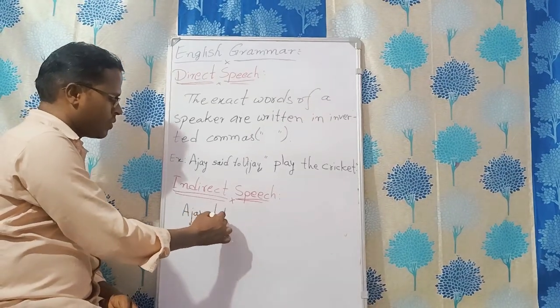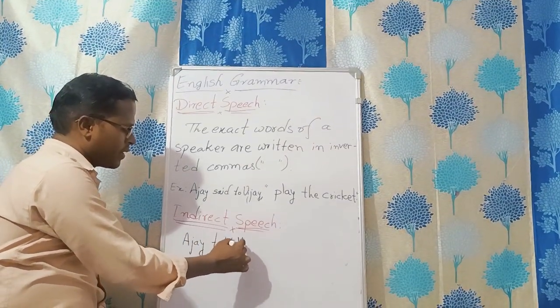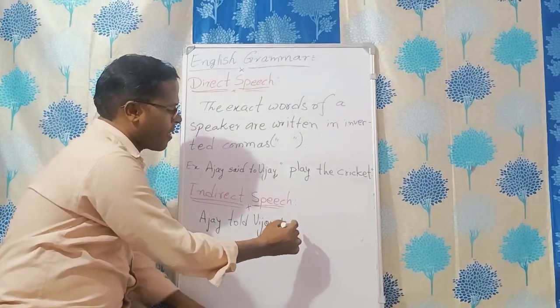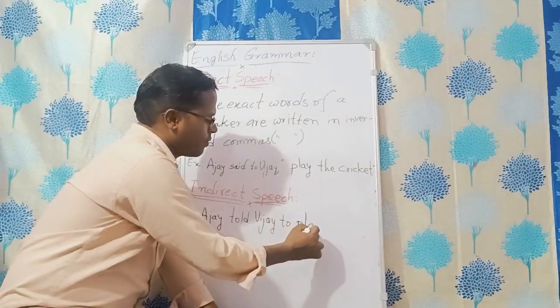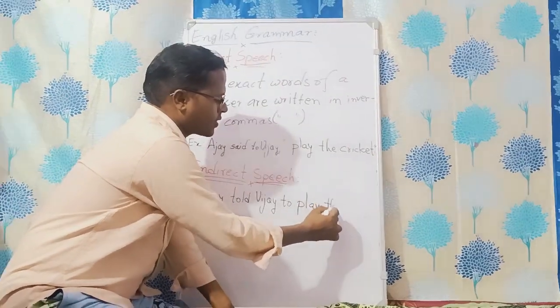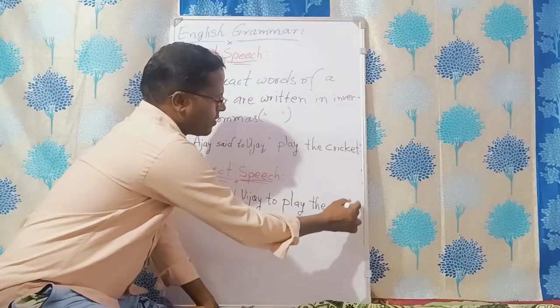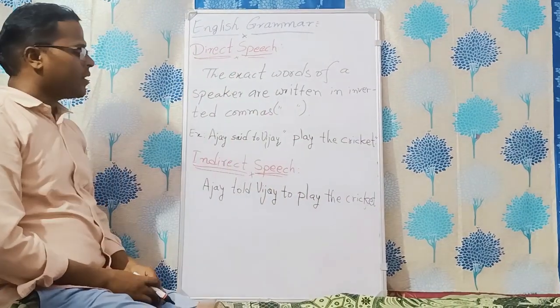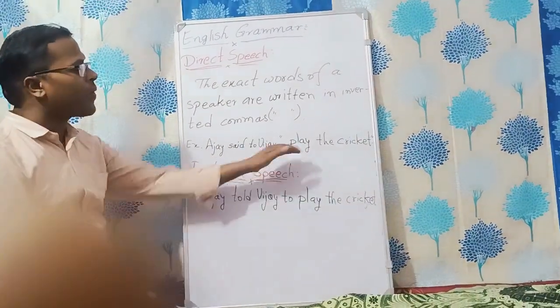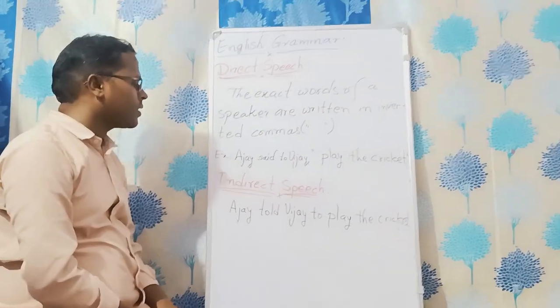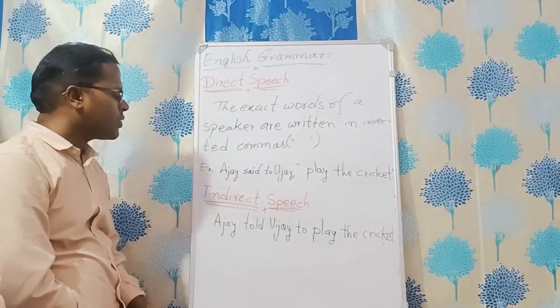Ajay told Vijay to play the cricket. See what differences you have noticed. Whenever an imperative sentence is in inverted commas, we have to change it into indirect.